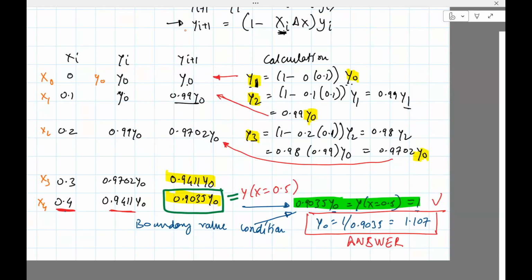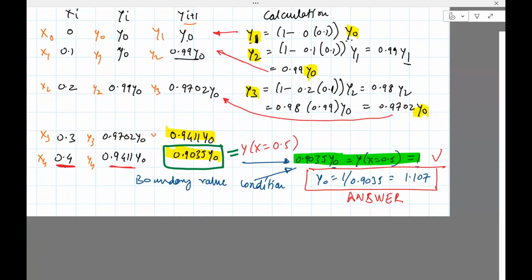This is y0, y1, y2, y3, y4. This column is i plus 1, so it's y1, y2, y3, y4, and y5. So we went up to y5, so you don't have to go another step.